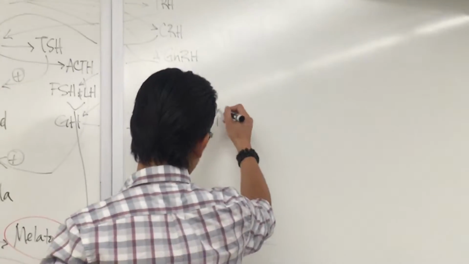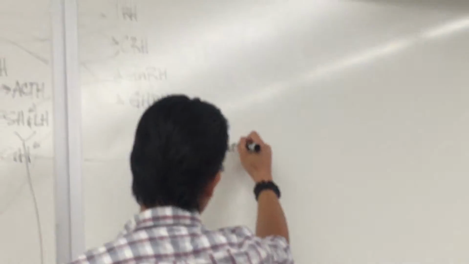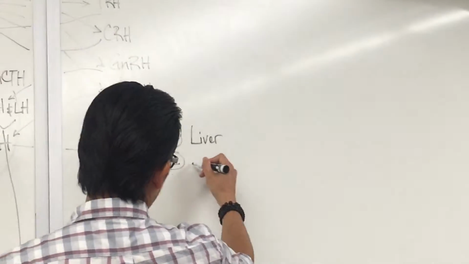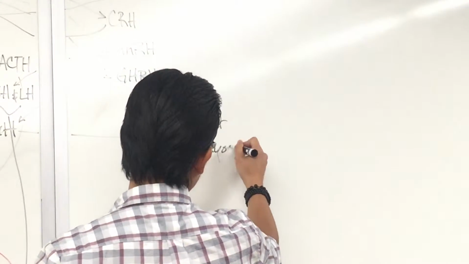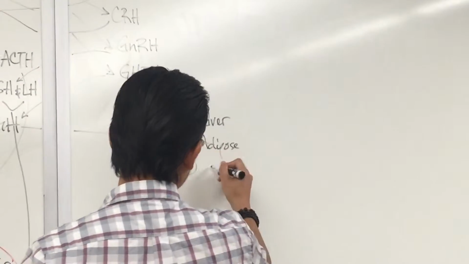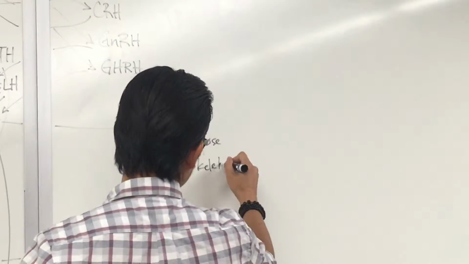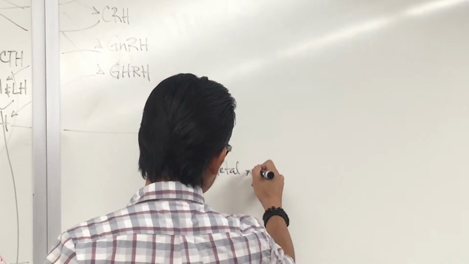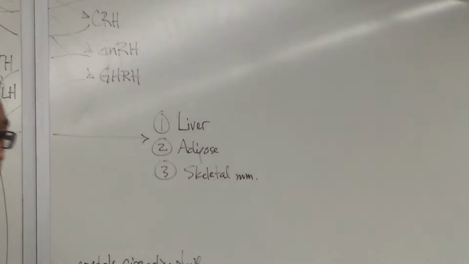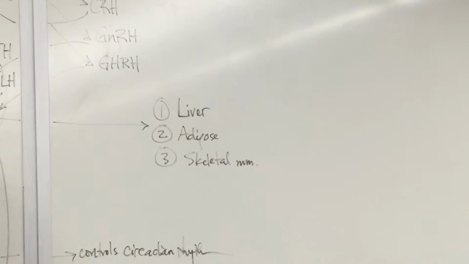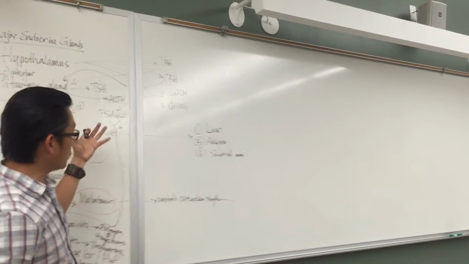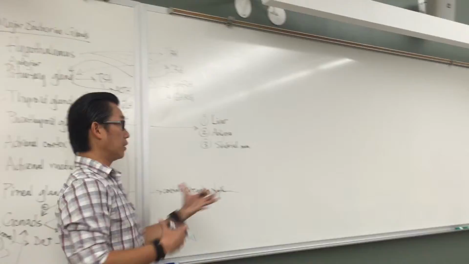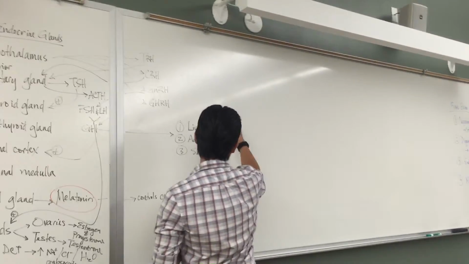It will go to the liver, to tissue, it'll go to skeletal muscles. So because it's a growth hormone, it wants to break down a lot of glucose, so it increases glucose metabolism.